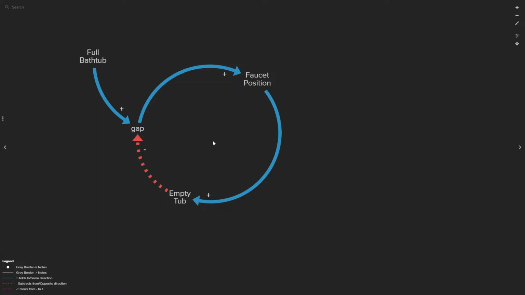The faucet doesn't accumulate. So with this relationship, as you open the faucet position, it adds to the tub. If you decrease the water flow, it still adds to the tub, but not quite so fast. So there's a difference in the way that you interpret the relationship, depending upon whether or not what it influences is a variable or a stock.